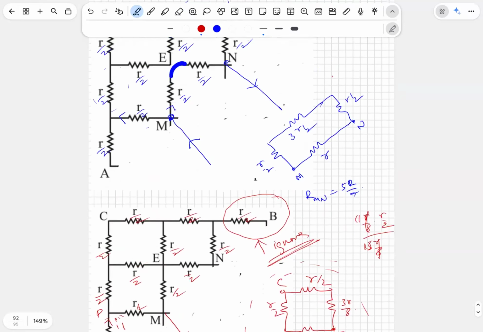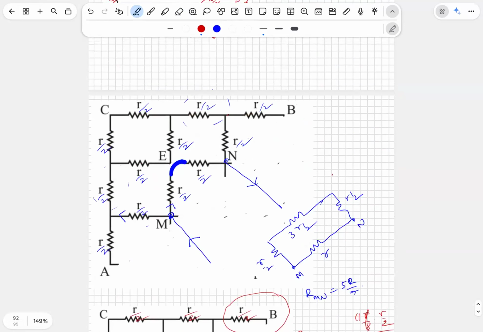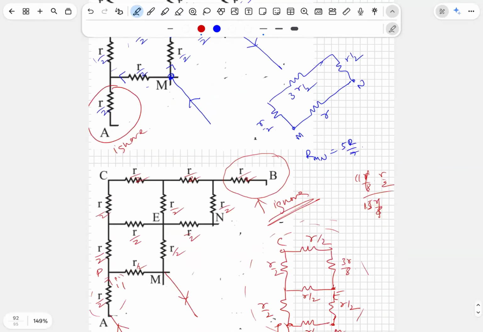M key, N key, battery connection. How do I know? Because I don't know the path. I don't know the path. Here also ignore. MN.